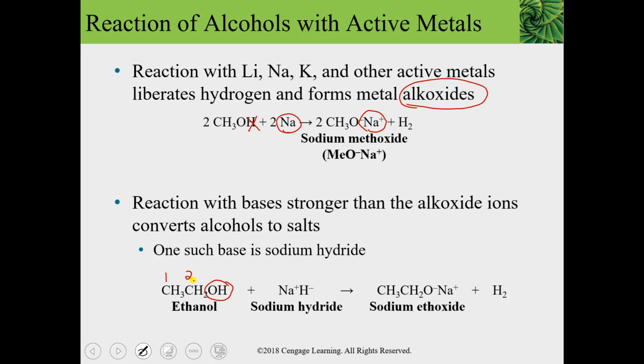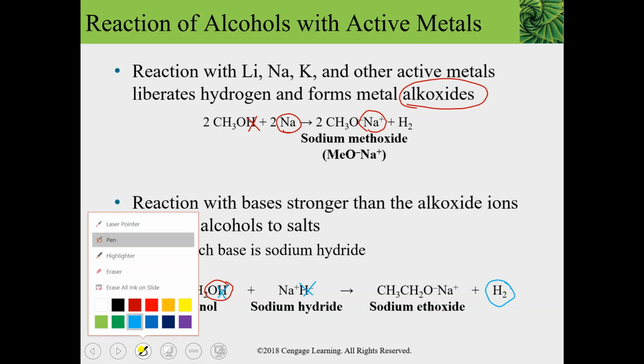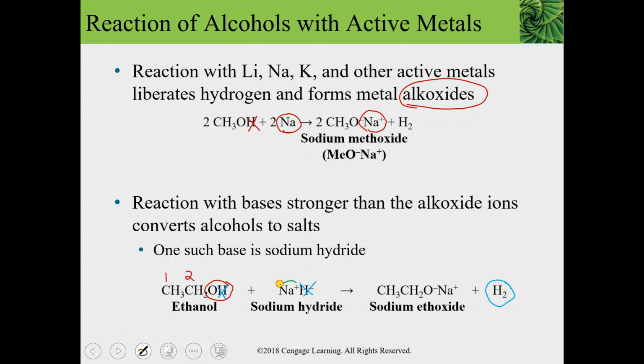When we react it with the sodium hydride, we're going to get sodium ethoxide. A hydrogen comes off, this hydrogen is also going to come off, we're going to form H2 with it, and this sodium is going to replace that hydrogen that's part of the hydroxyl group.